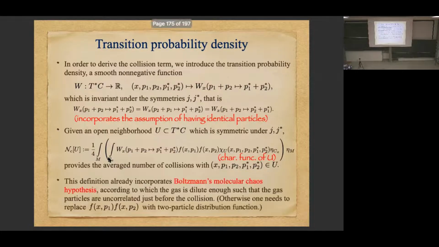But here comes in now the molecular chaos hypothesis by Boltzmann. So we assume that just before the collisions, the particles are not correlated. So you can replace the two-particle function by the product of the one-particle distribution functions. That's central, because otherwise you don't get a closed system. So this is what this transition probability density will measure for you.